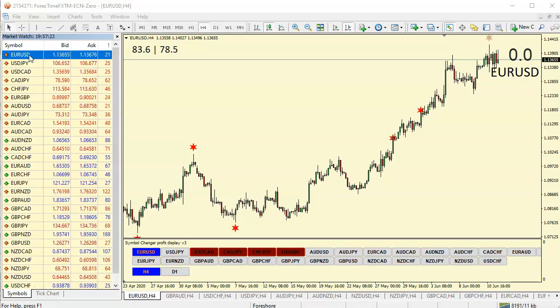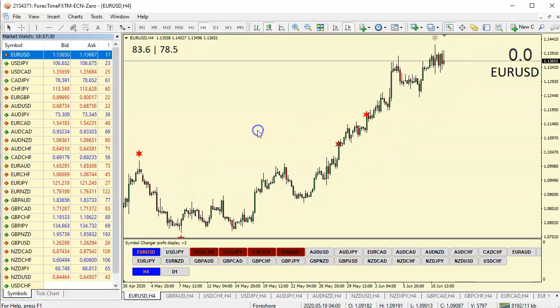Right now we have a chart for euro dollar, and the current trend means the euro is getting stronger than the dollar. Let's look at a practical example.